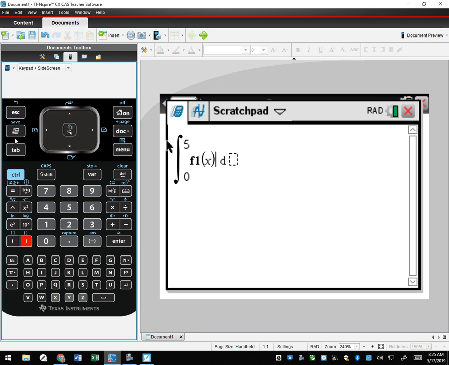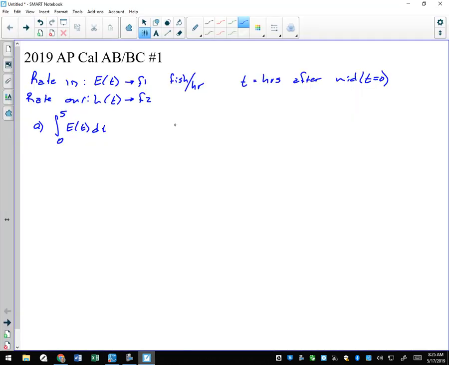It's a U sub question. So 0 to 5 of F1, I'm going to hit Control Enter to force the decimal, and it's 153.4, which would round to the nearest whole number of 153 fish enter on the interval 0 to 5. I guess we're including, doesn't really matter.